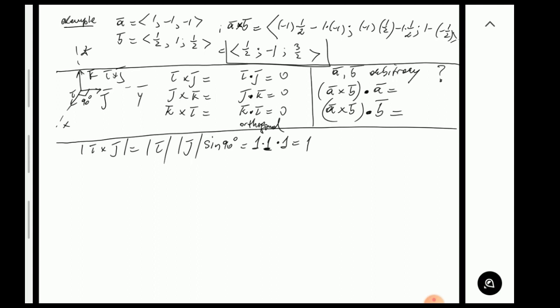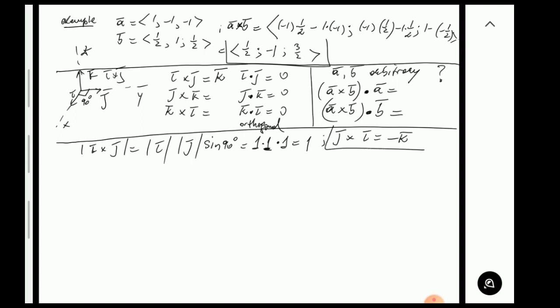So what is a unit vector in the direction of k? Well, it's exactly k, right? So again, i cross j, I know, is in the direction of k because of the right-hand rule. And it's got to be k itself, right? Because as it turns out, the magnitude of i cross j is exactly 1. Now notice that if I change the order of the operation, j cross i obviously is minus k.